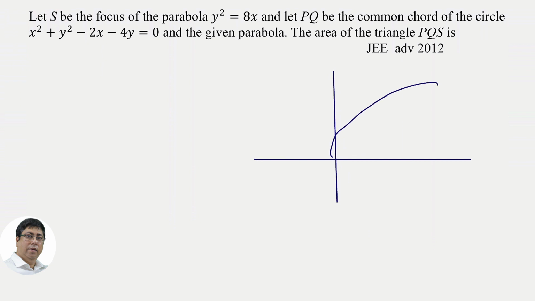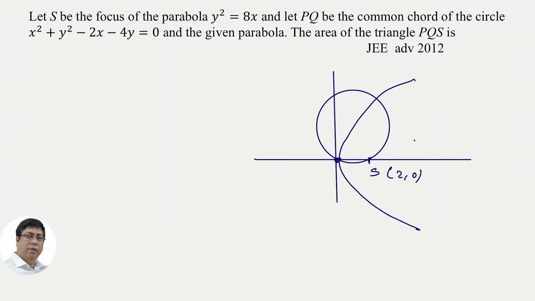So if we draw the parabola, and the circle is this, the circle is passing through the origin, and this is S (2, 0). Suppose any point P is (at², 2at), here a = 2, so (2t², 4t).